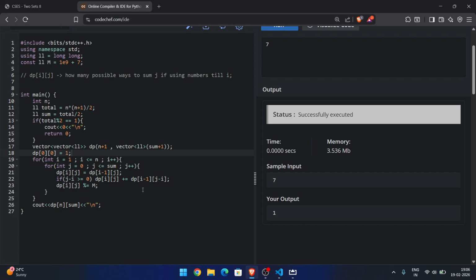So now for every i, we are looking between i minus 1 and j minus i. Okay, so this is correct. And why are we getting one?